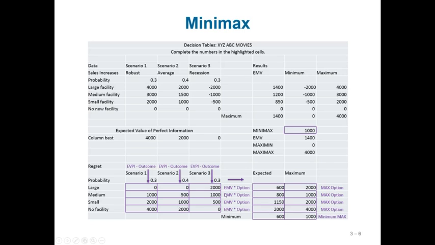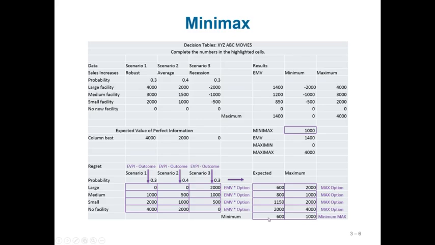That's the minimum of those expected ones. But if you want to look at the maximum for each one, how much could you regret? The highest value here is 2,000, 1,000, 2,000, and 4,000. And then you look for this minimum, and this is the minimum max here. So this is the minimum expected loss. You would be trying to get rid of that one. And this is the minimum maximum regret that you would have. So that's the minimax cell right there.